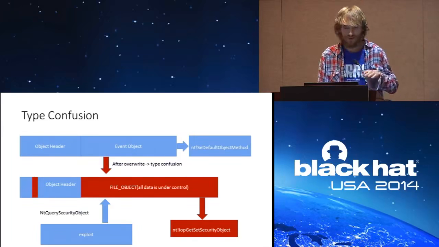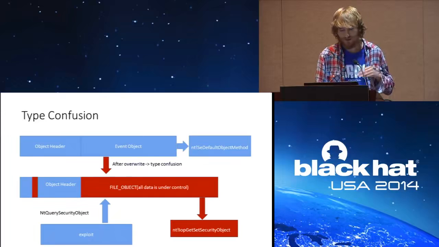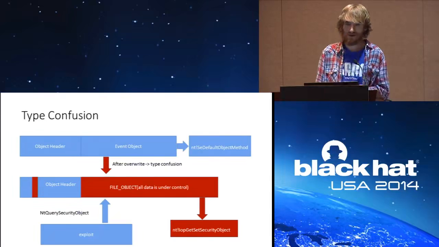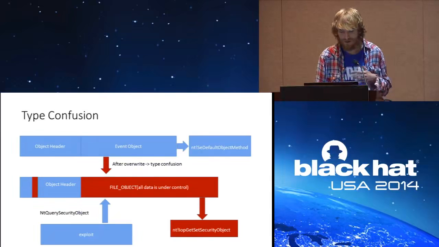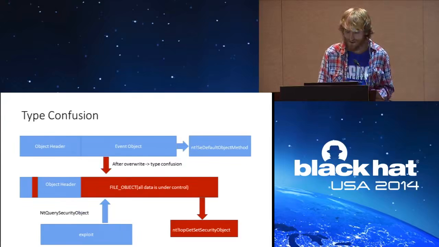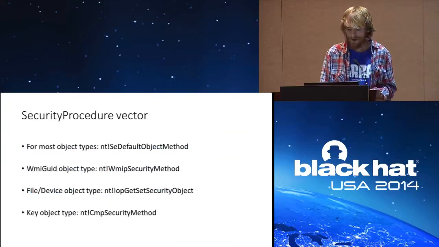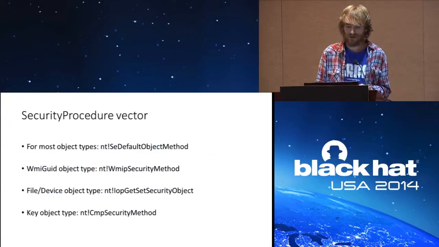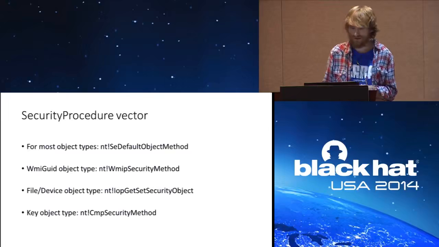After corruption, we change the type index to file object. So we redirect execution flow from default object method to IOP get set security object. So the object manager works with a file object, but in fact it was an event. Basically in that scenario, changing to file object leads to hijack of execution flow.